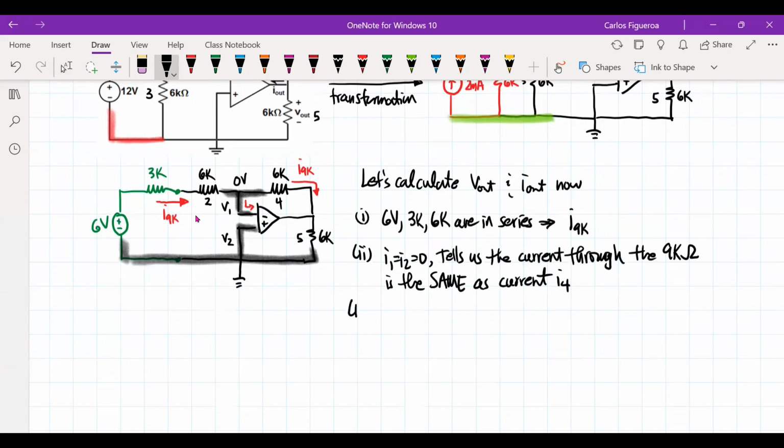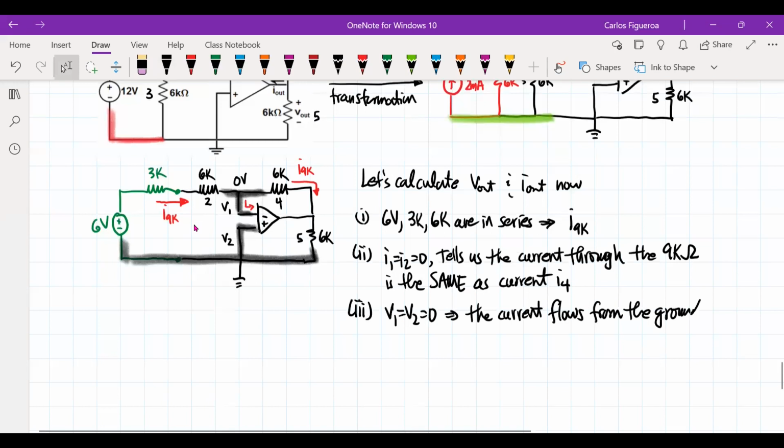Another thing that you should note here is that because of the condition V12 in this case is 0, that implies here, if you look at node V1, you see that the current flows from the ground to a lower, negative voltage of vout.